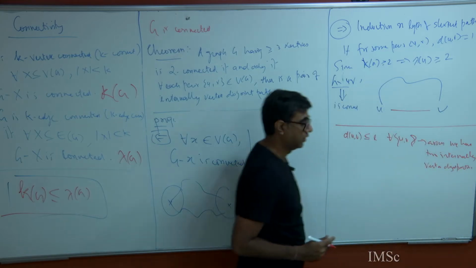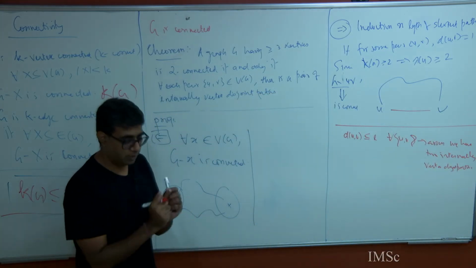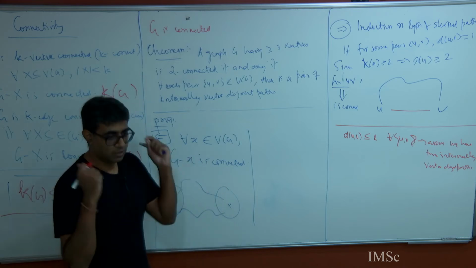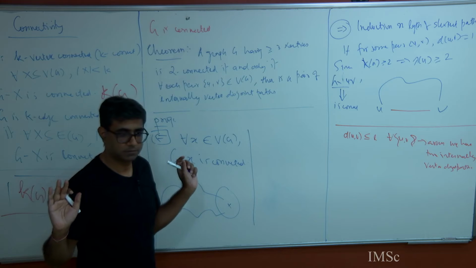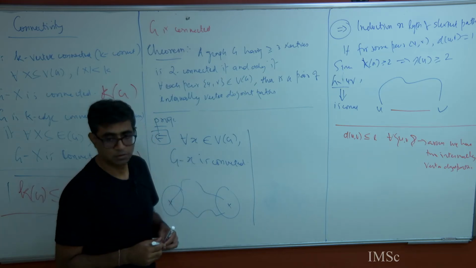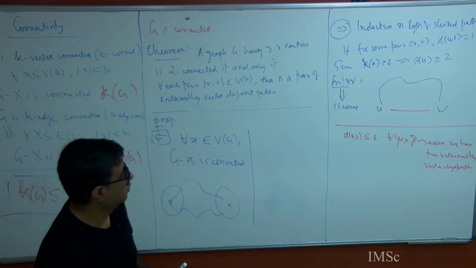So we have proved it. Now let us try to prove it for all those pairs whose shortest distance is L plus 1. Is that fine? Okay. Please ask.